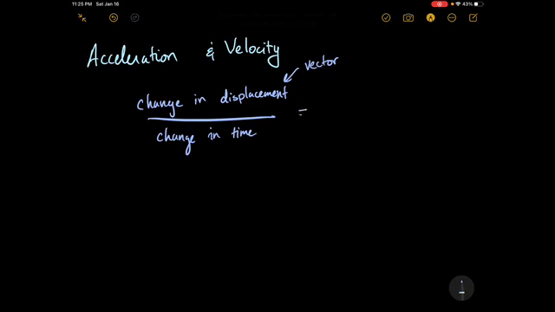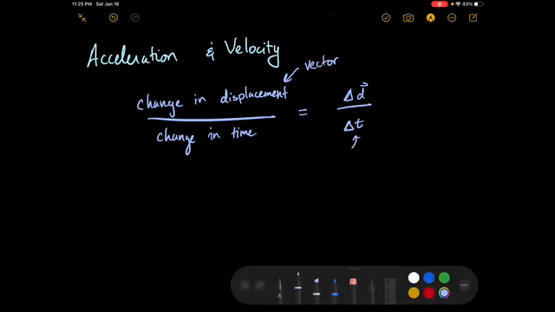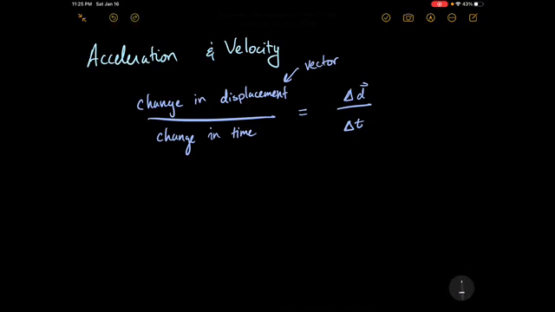Anyway, it's going to be the change in displacement, which I generally denote as the delta D vector over delta T. This capital letter delta, this triangle looking shape, all that refers to is the change in. It just means change in.